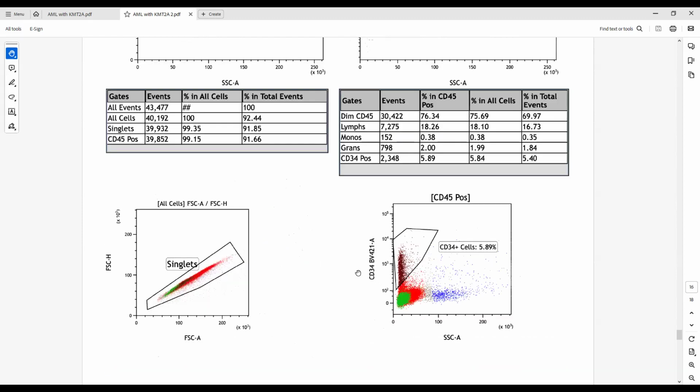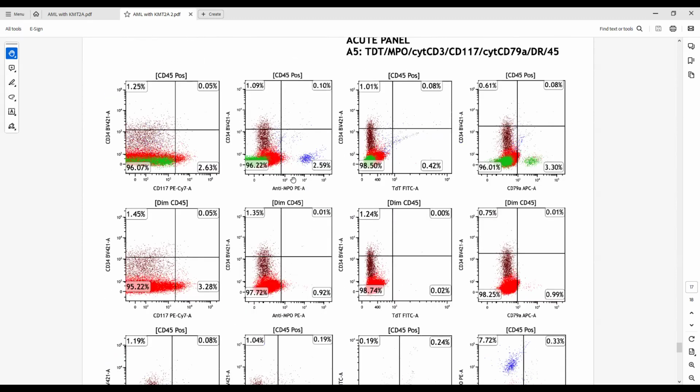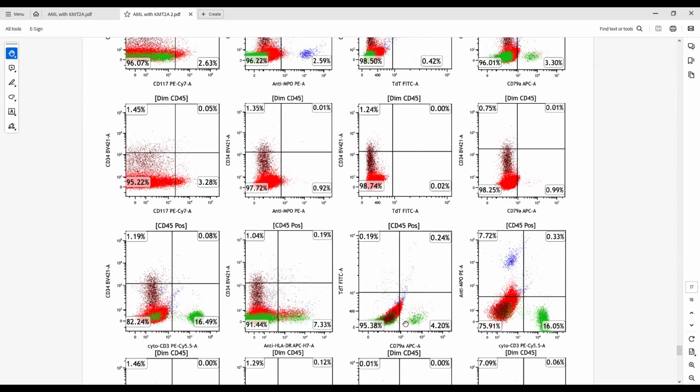And lastly, here, our blast population is predominantly MPO negative, with some blasts showing positivity. However, TDT is negative, CD79A is negative. So the summary of this immunophenotype, we have a CD34 HLA-DR negative population, dim CD45 that is positive for some myeloid markers, including CD13, CD33, and partially or dim positivity for CD117.